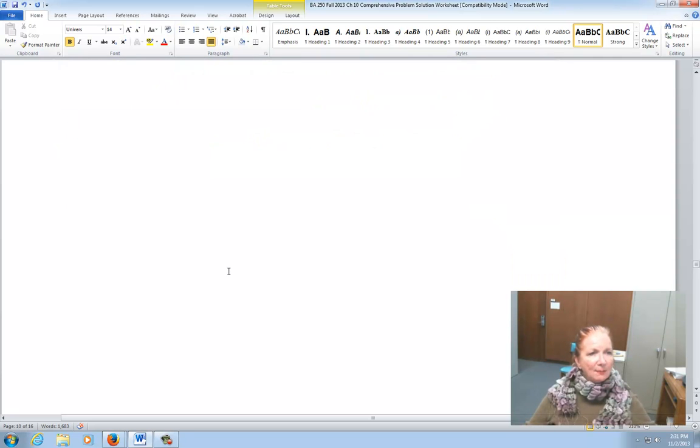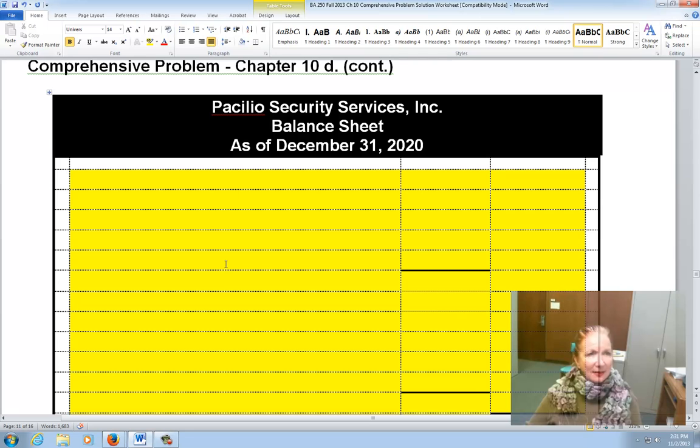Then we look down at our balance sheet. Again, find your favorite balance sheet that you want, and you're going to follow the examples that we've had. We start with assets. Assets have to equal, so they're in this top part all by themselves.